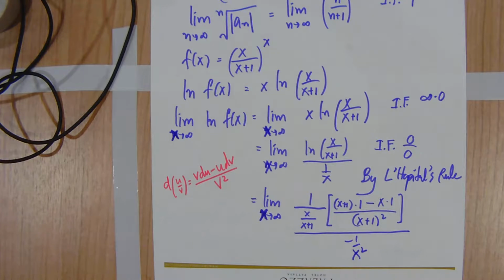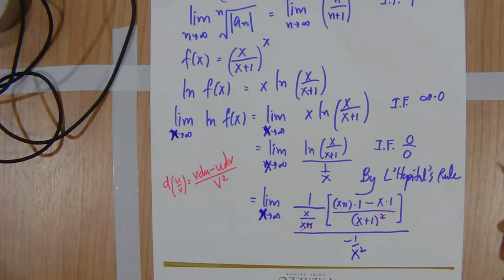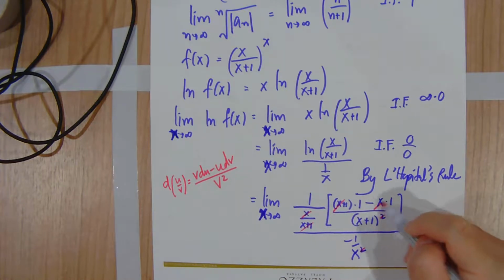Then some terms can cancel, right? This term and this term can cancel. So with x and x squared, x and negative x can cancel.